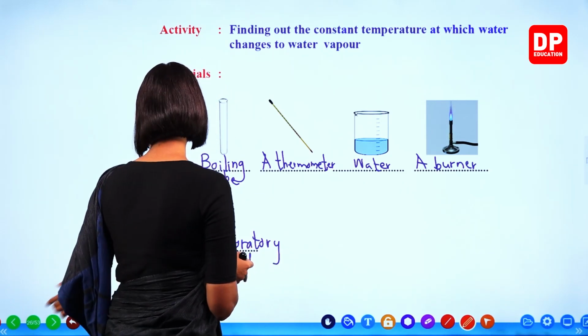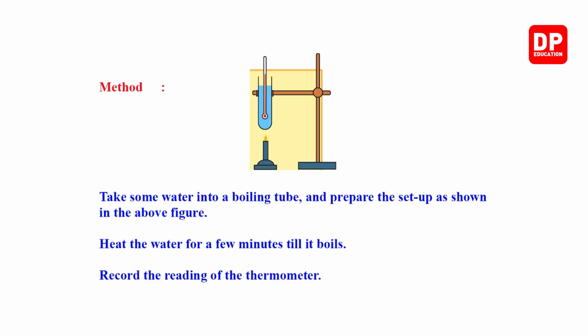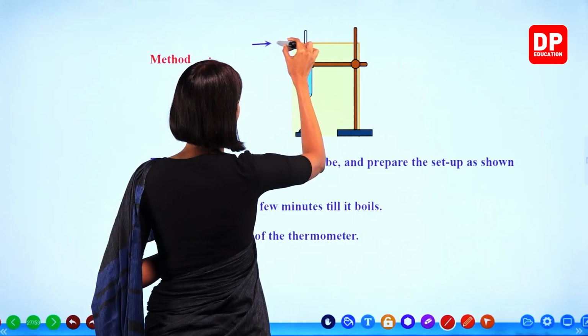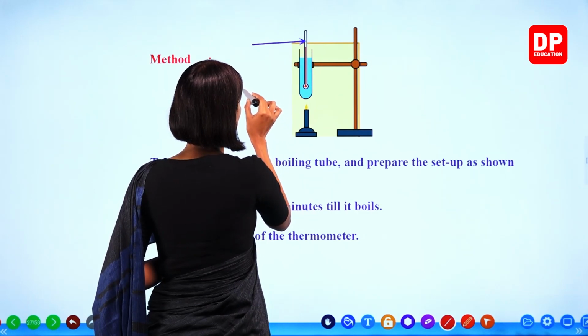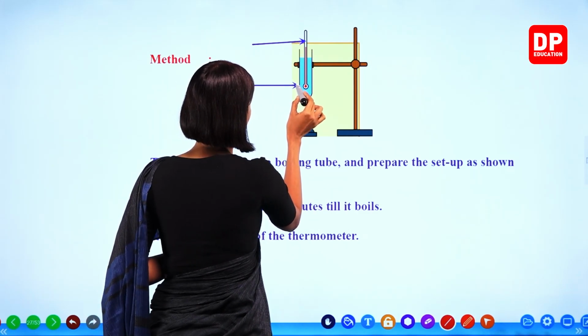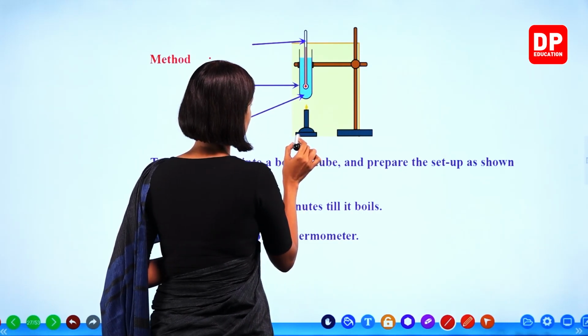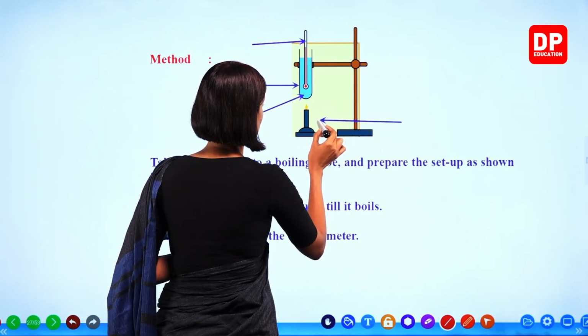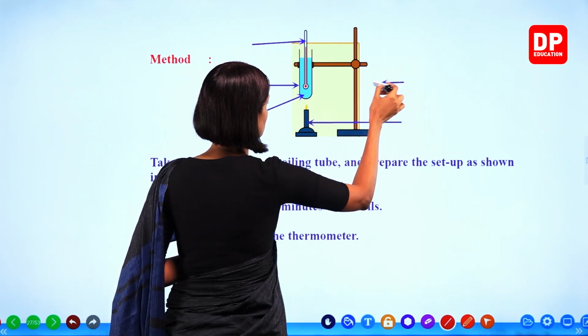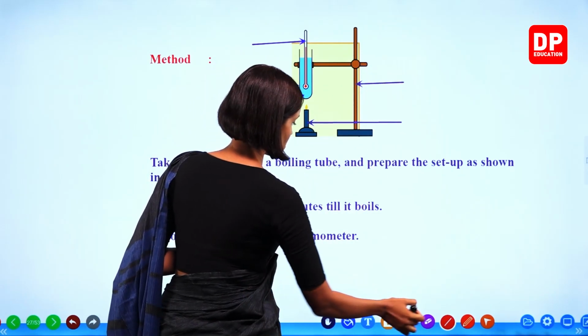So how to do this activity? Look at the diagram. We will label this first. Thermometer, boiling tube, water, burner, laboratory stand.